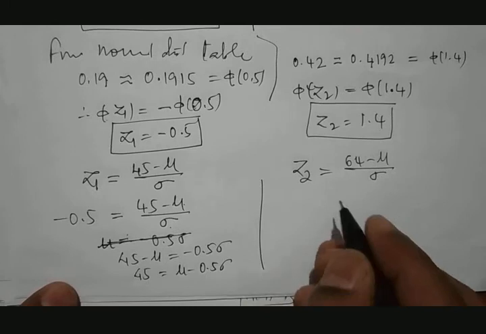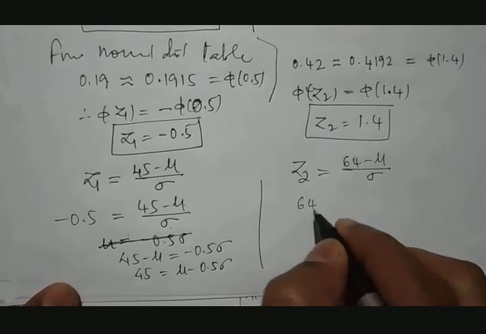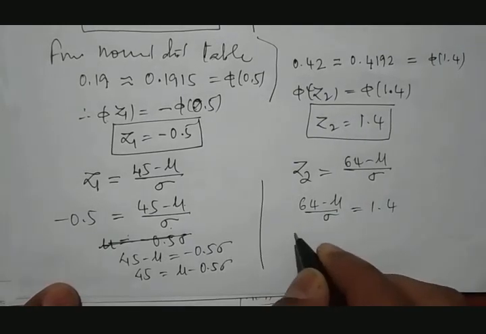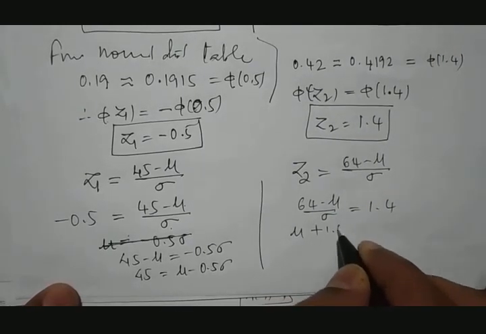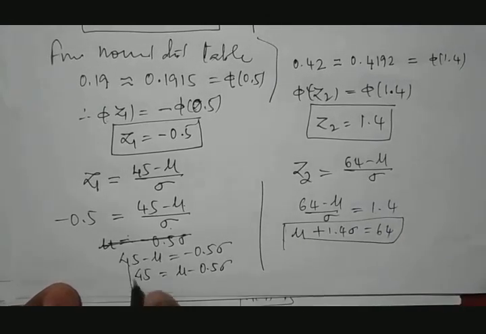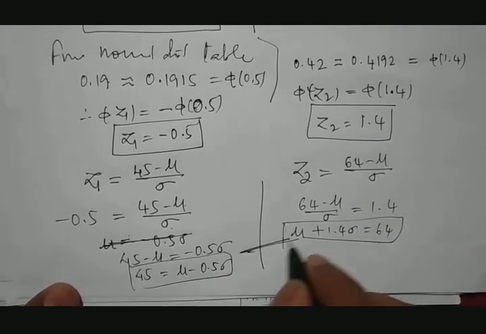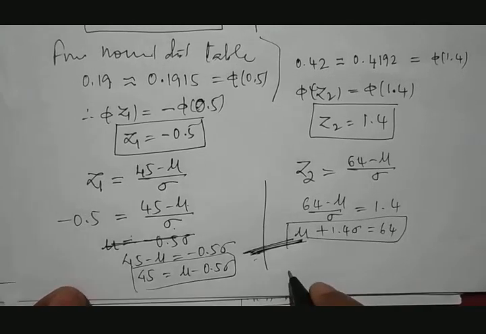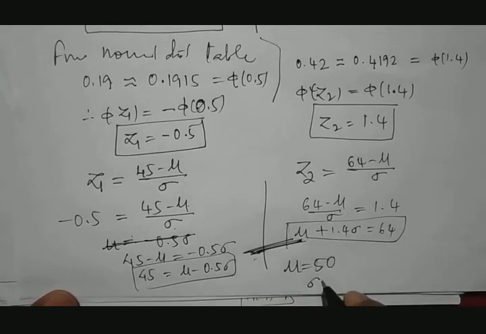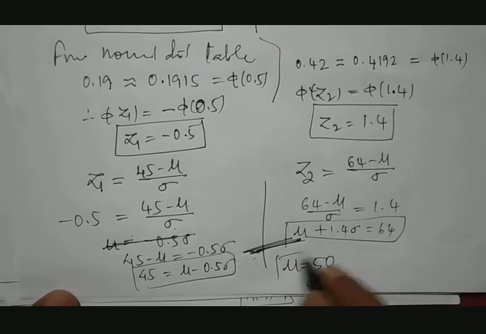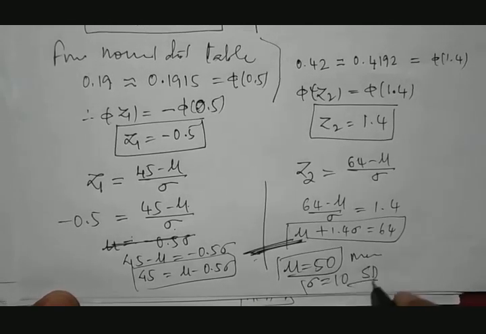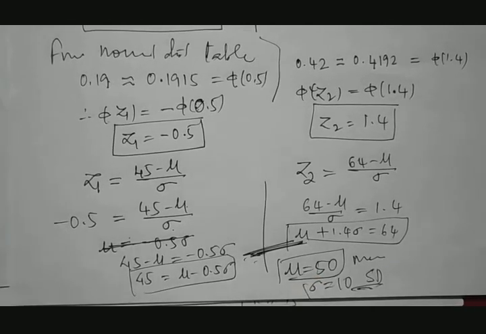Similarly here, 64 minus mu divided by sigma is equal to 1.4, or else mu plus 1.4 sigma is equal to 64. These are the two cases we got. Solving these two cases, we will get mu equal to 50 and sigma equal to 10. So the mean is 50 and the standard deviation is 10 after solving these two equations. Thank you.